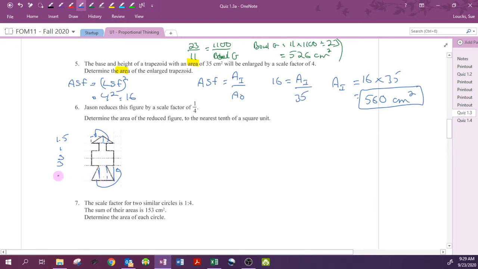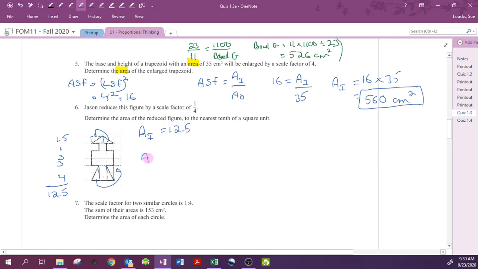And then there's 2 squares here, so that's 4. And 4, 5, 6, 7, 8, 9, 10, 11, 12.5. So I just need to add that up, get 12.5 for my total area of that. So my area initial is 12.5.